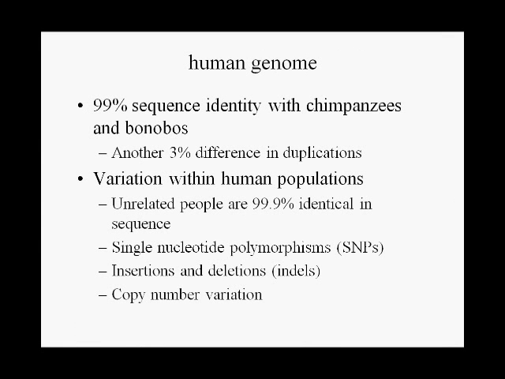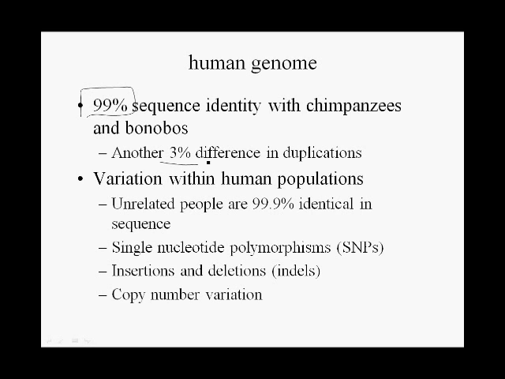I want to close by talking about the human genome in sort of global terms. We know that our closest cousins are the chimpanzees and bonobos, with whom we share 99% nucleotide sequence identity.